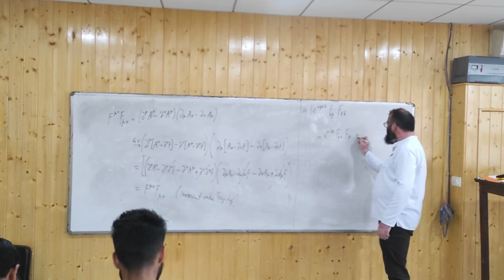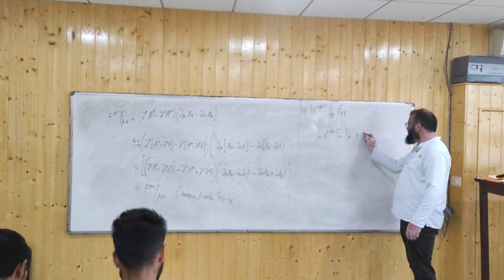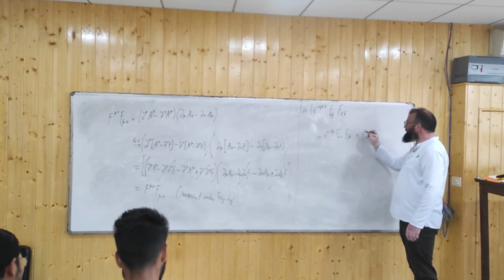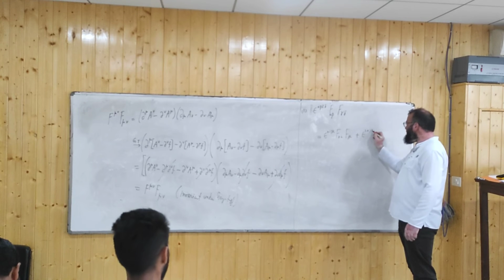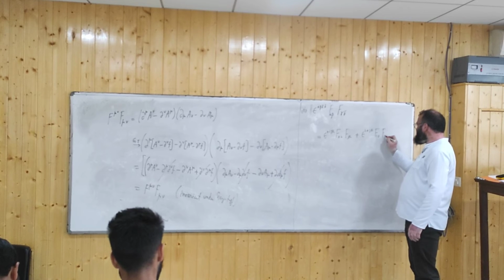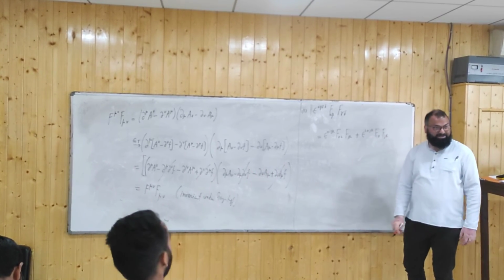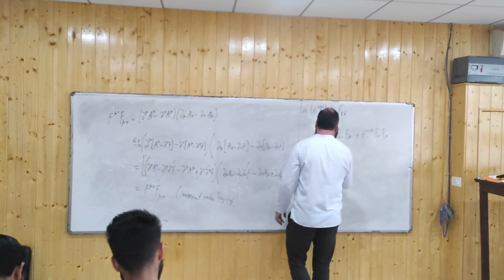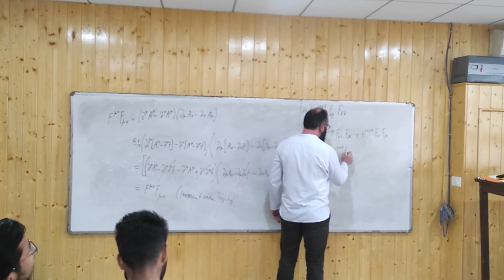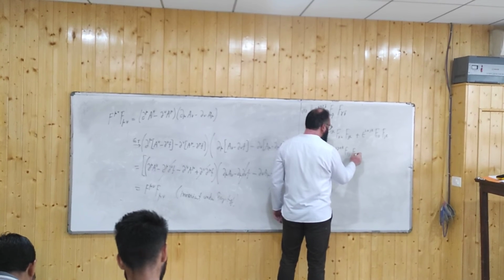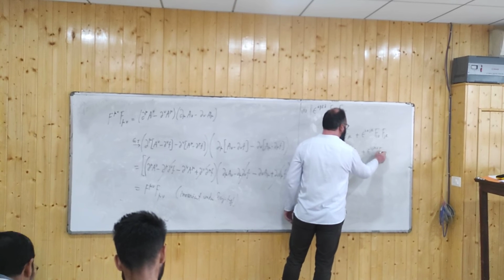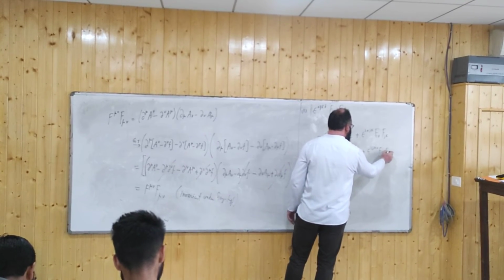Then the next term, with beta being 0: epsilon i 0 j k f i 0 f j k. Then epsilon i j 0 k f i j f 0 k, plus epsilon i j k 0 f i j f k 0.